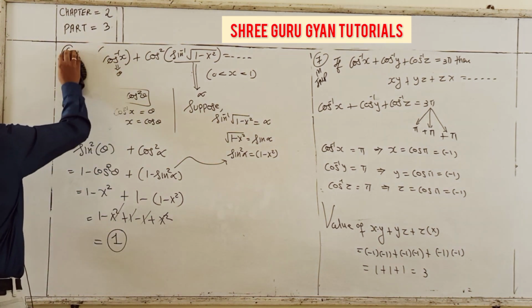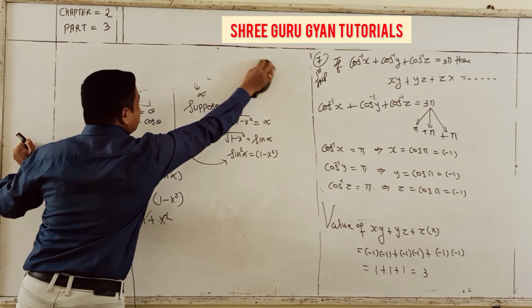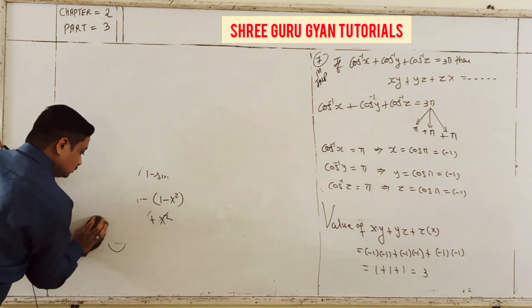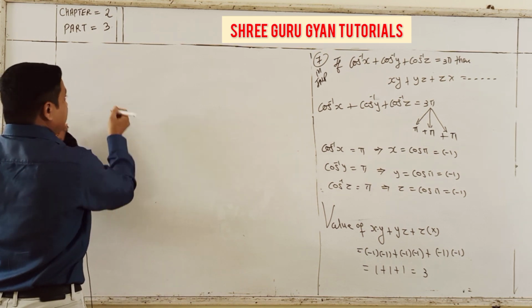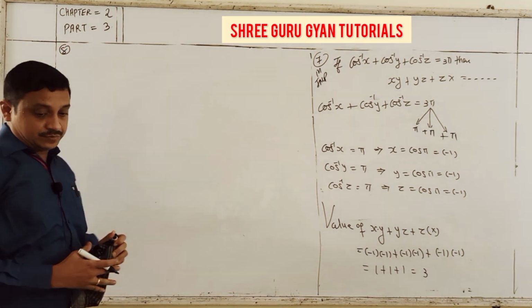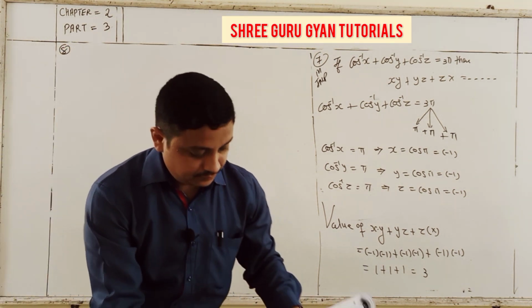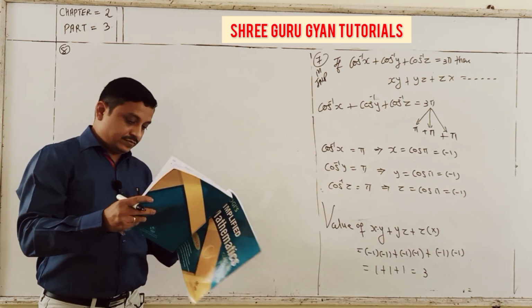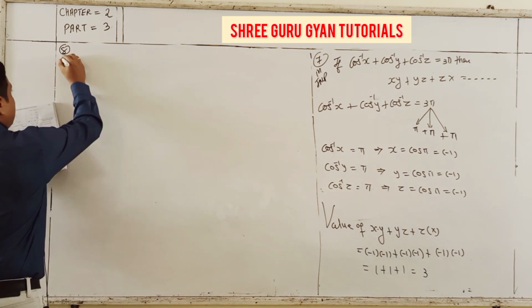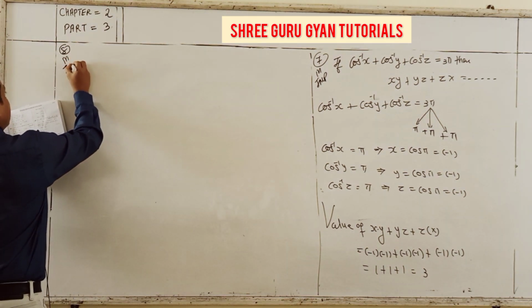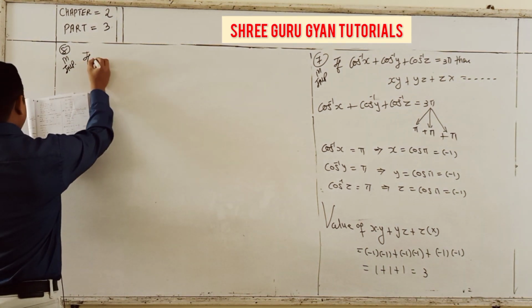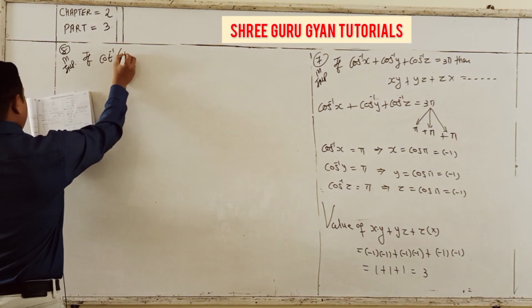Now 8. In this 8, it is also important and was asked many times, in 2013 it was asked. I did not write down the year here, but it is a difficult sum.